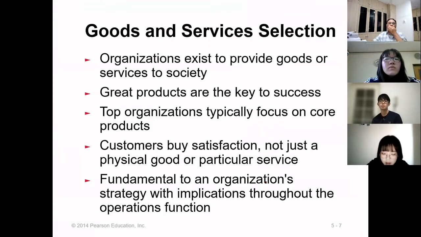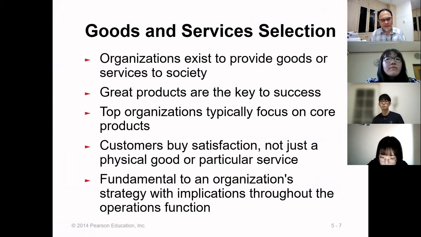So when you talk about goods and services, companies must try and design or even select goods and services. Organizations exist to provide goods and services to society. Why do we exist?